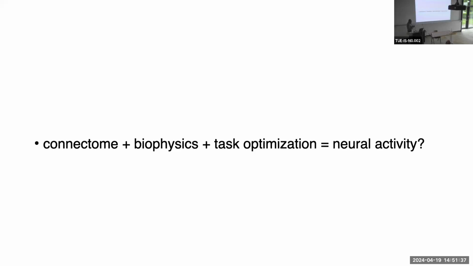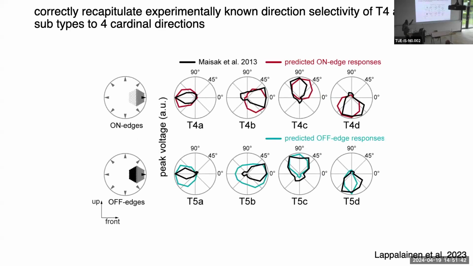Can we predict neural activity that's measured in the lab across multiple labs? So, the first thing we looked at was, can we replicate Oxford's finding in this paper of T4 neurons and T5 neurons being motion sensitive and in these cardinal directions. So this we get perfectly right.